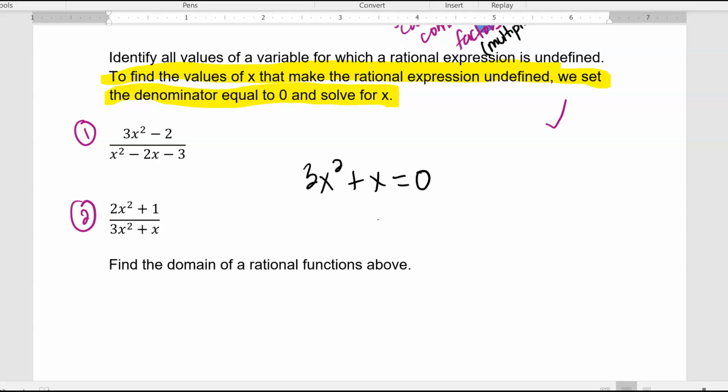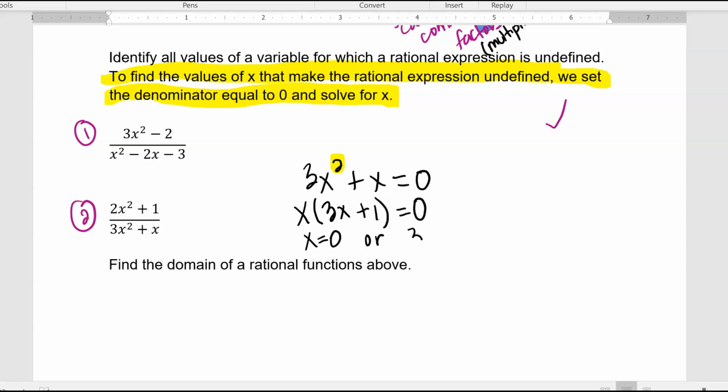And since our degree is 2, we're going to use factoring here. So we're going to take out the GCF, which is x. And if we take out that x, we get x times 3x plus 1 equals 0. So we have two factors. We set each factor to 0.